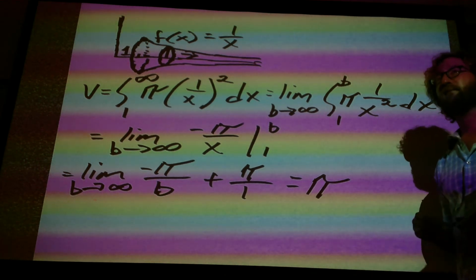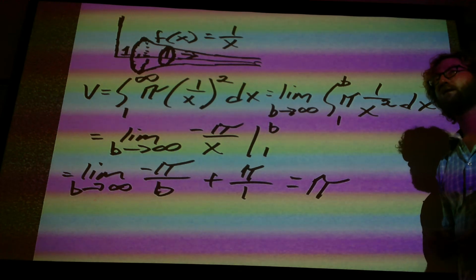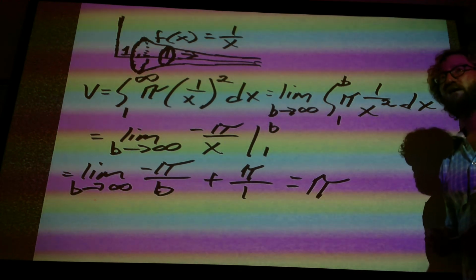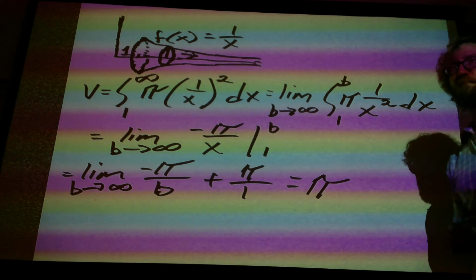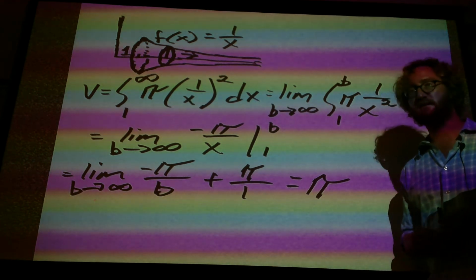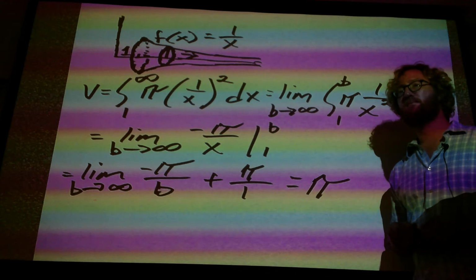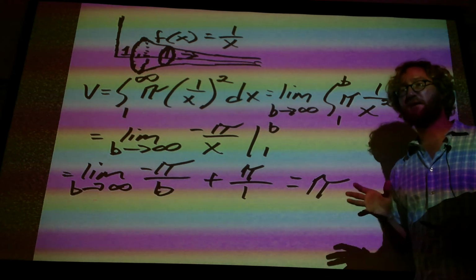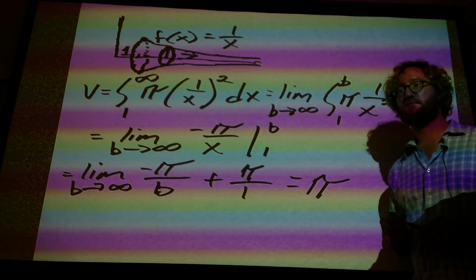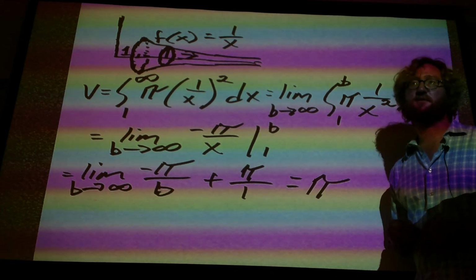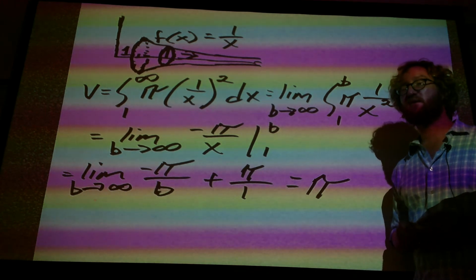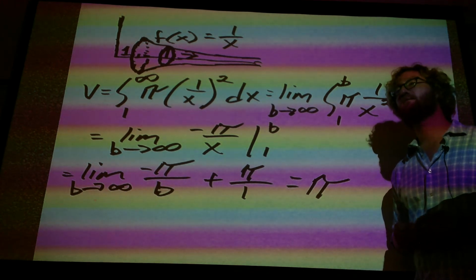Now, think about the implications there. It has an infinite surface area, so it takes an infinite amount of paint to paint it. But it only holds a finite amount of paint. We'll say that again. It takes an infinite amount of paint to paint it, but it only holds a finite amount of paint.